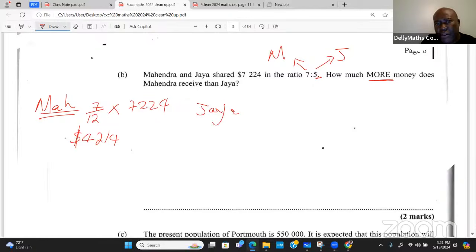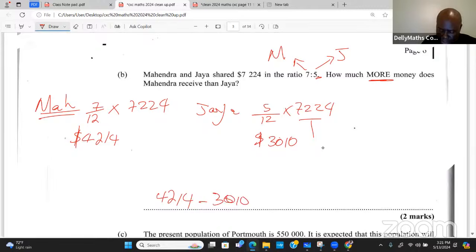Let's work out Jaha. Jaha got 5 out of the 12. So 5 over 12 times 7,224. Work that out. 5 divided by 12 times 7,224. And this person is getting $3,010. So how much more we're referring to? We're going to have to subtract.